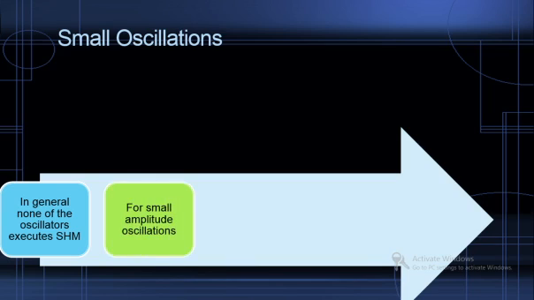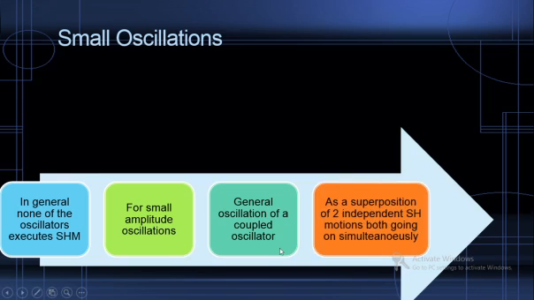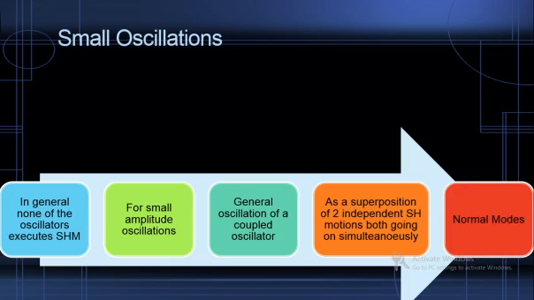But if you consider oscillations with smaller displacement or smaller amplitude, all the general oscillations of a coupled oscillator can be considered as a superposition of independent simple harmonic motions vibrating simultaneously, and those modes are called normal modes.